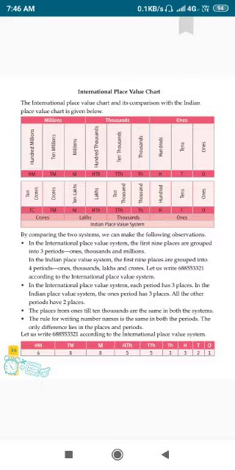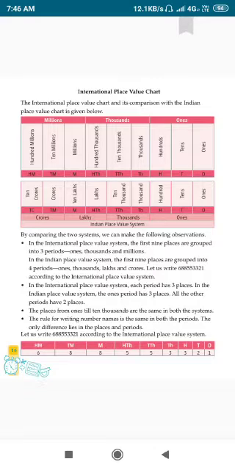Here is an example: 685,942,315. We read it as 685,942,315. Note that while writing a number in the Indian place value system and the international place value system, we separate the periods with commas.